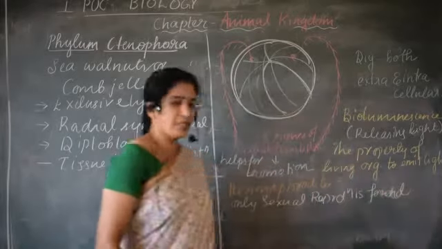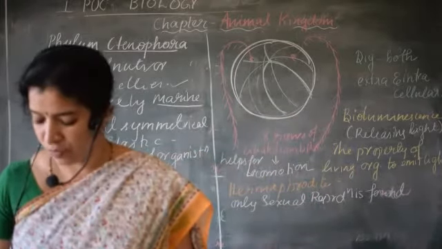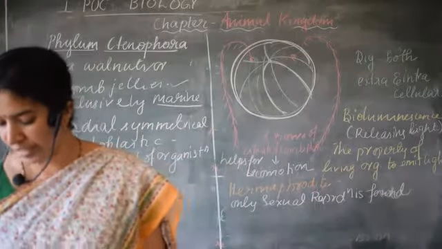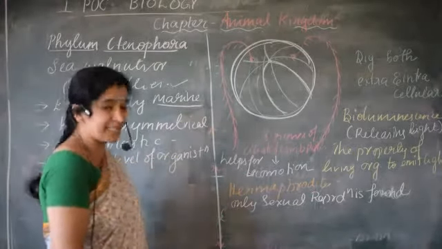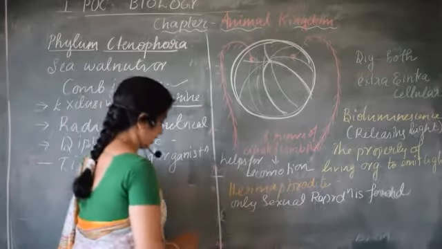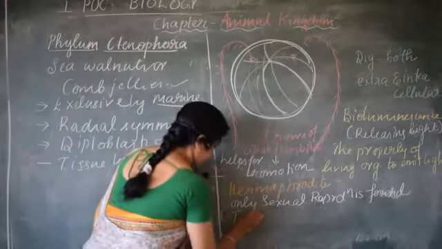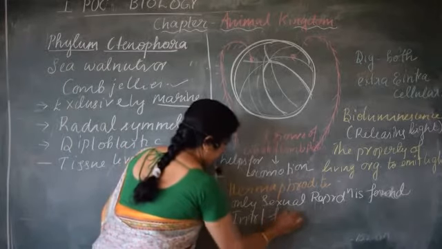Only the sexual mode of reproduction is found in the ctenophores. Then fertilization is internal fertilization, and direct development.